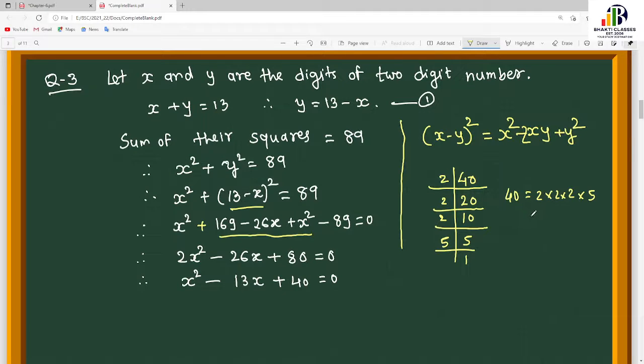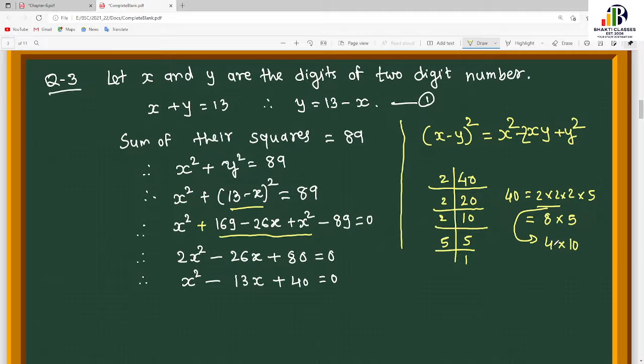So it would be 8 into 5. But 8 into 5 will not give us 13. So we have to think something more. We should think 2 twos are 4 and 5 twos are 10. Then also we are not getting the value 13.